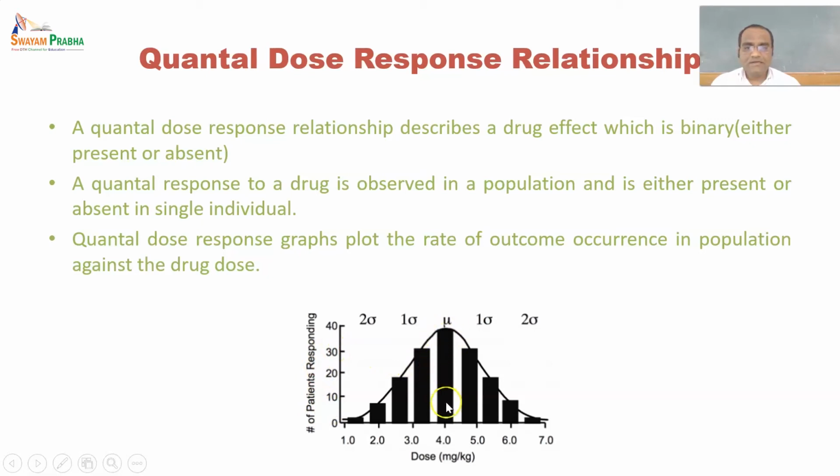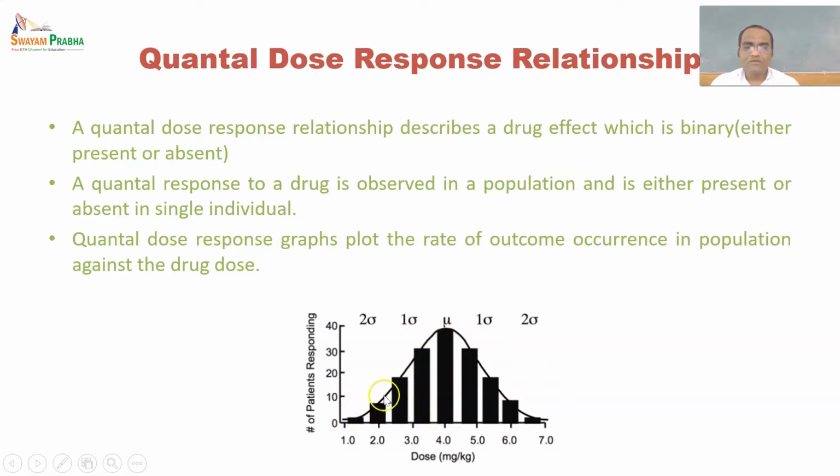Here you can see that at mu, a 4 milligram dose, it has been responded to by 40 percent of patients. So we can say it is a quantal dose response.